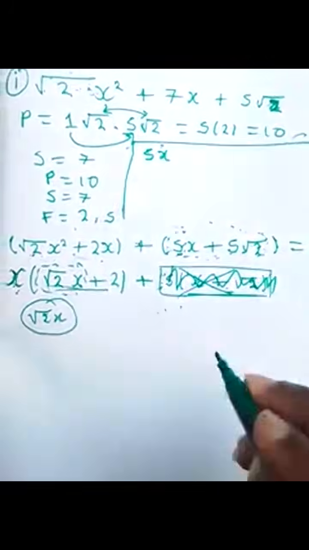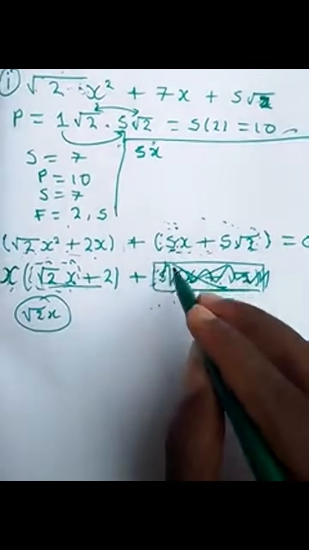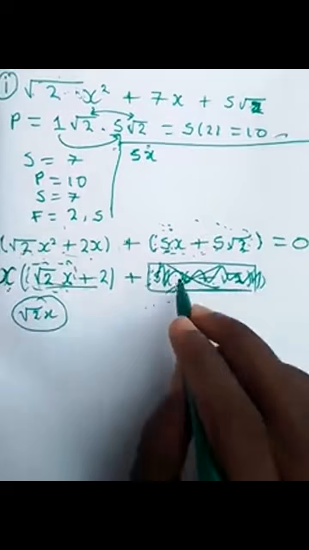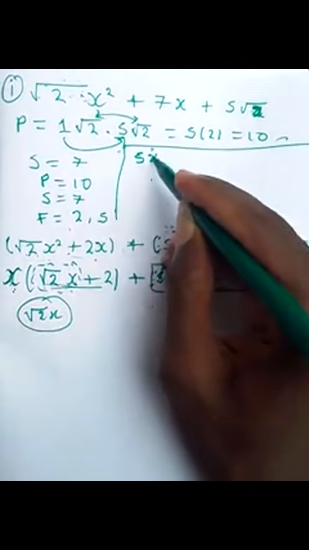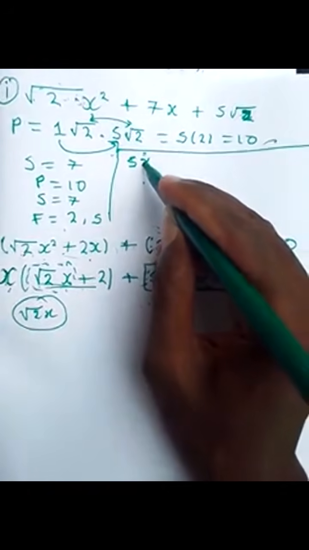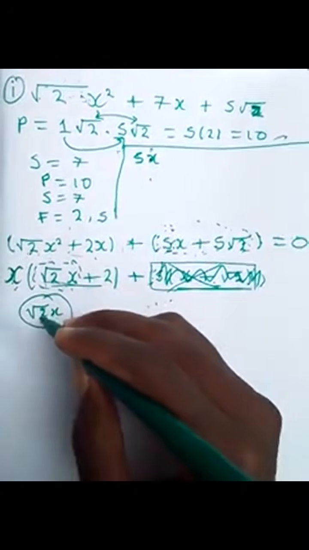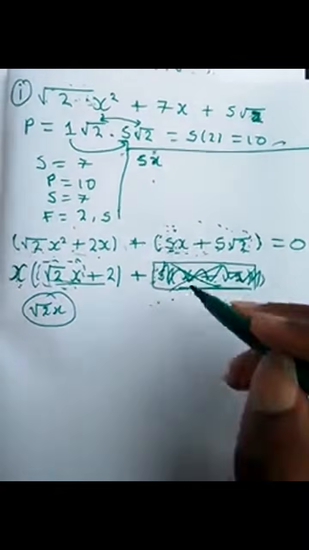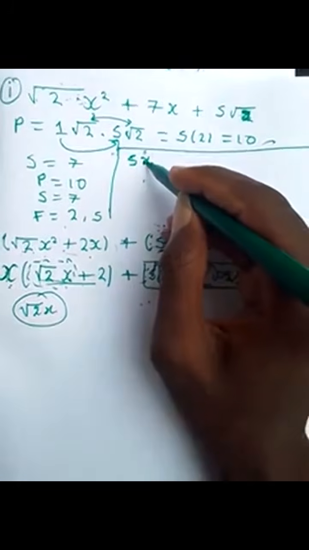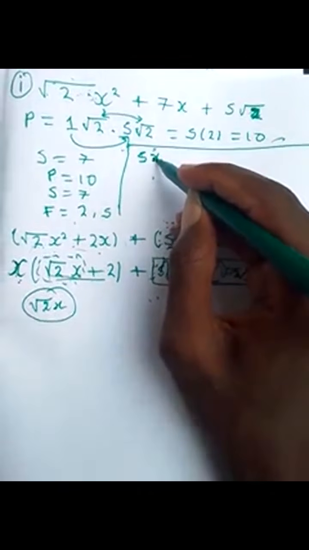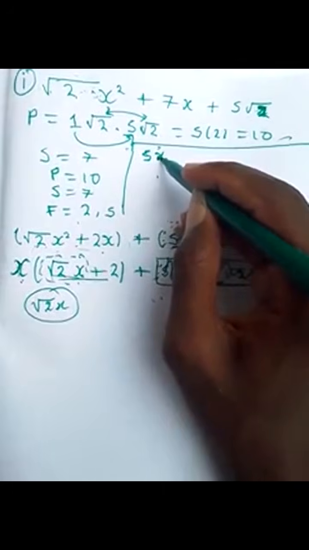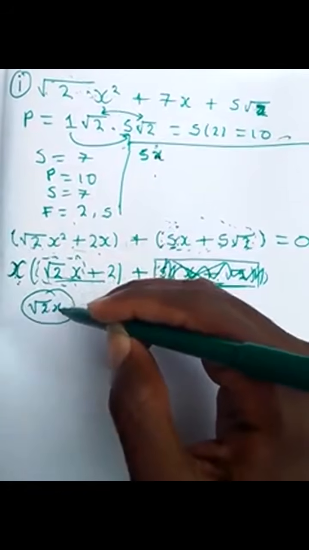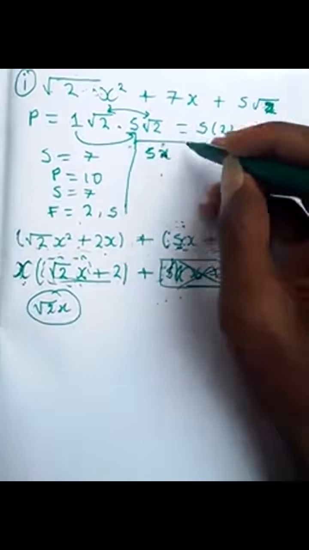5x. Then I'll ask myself, remember that we need to end up with the same thing inside, right? Not what we end up with here. So I need this 5x to eventually look like square root of 2x. So I need to find that one value, which if I multiply 5x, it's going to give me square root of 2x.